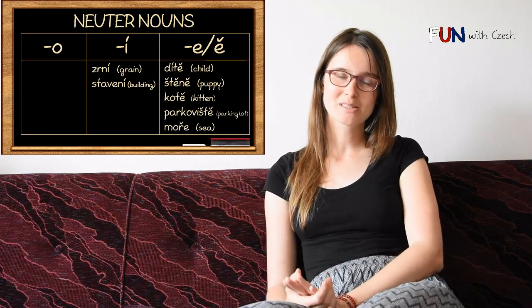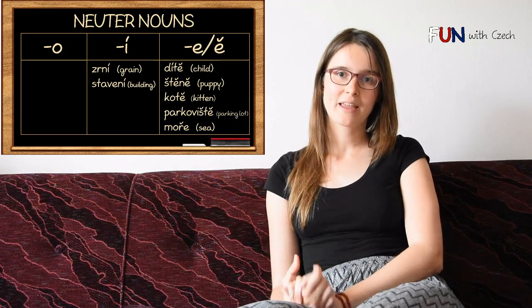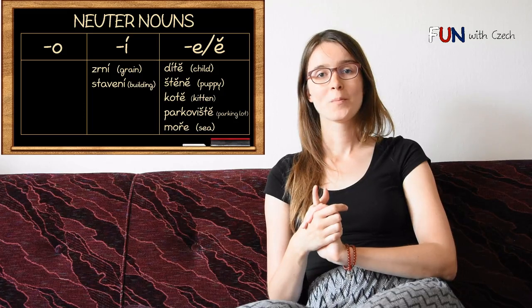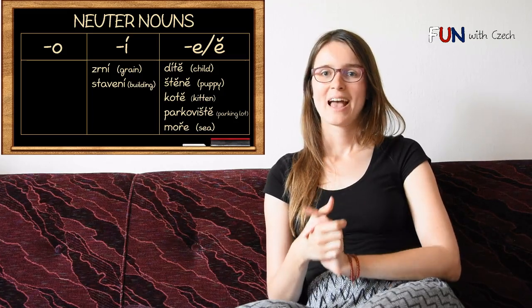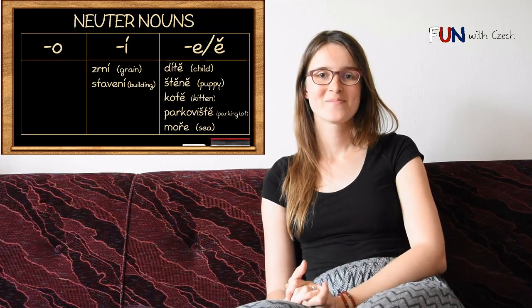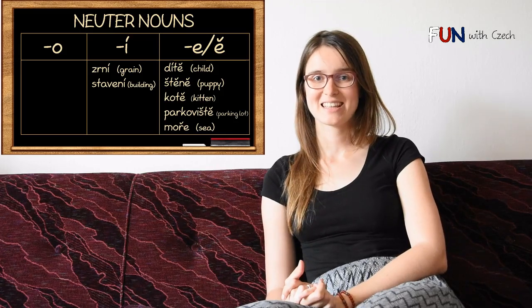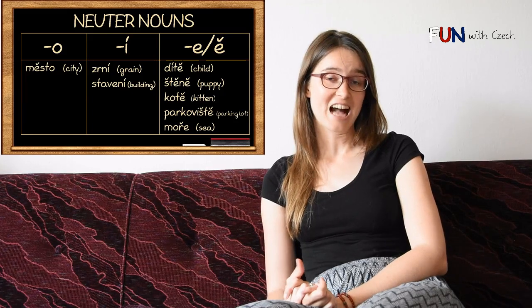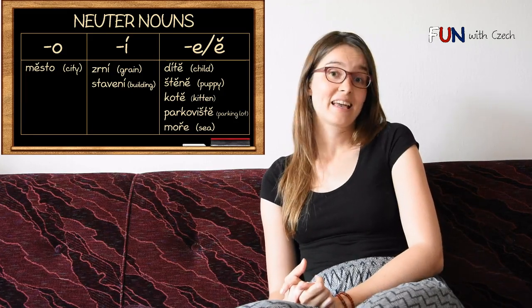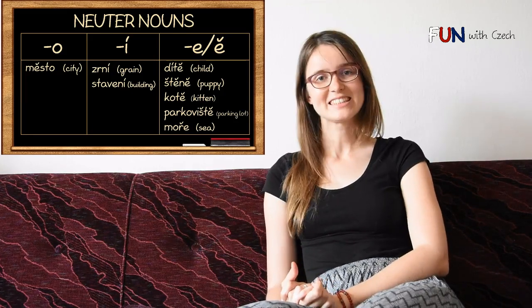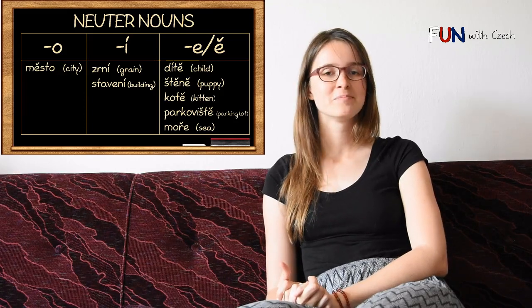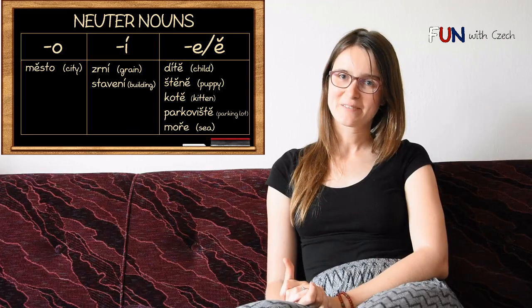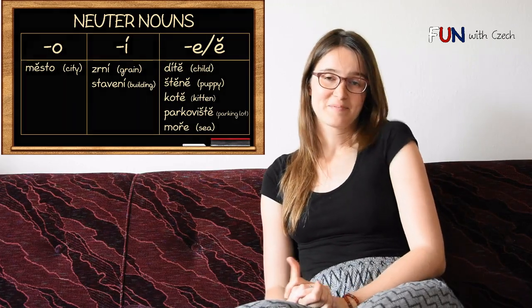So the three possible endings for the neuter words. O, as in město, the city. Then e s háčkem, as in dítě, a child. And í, as in zrní.